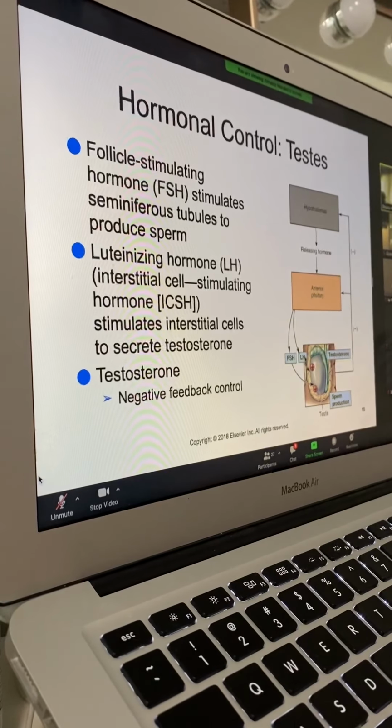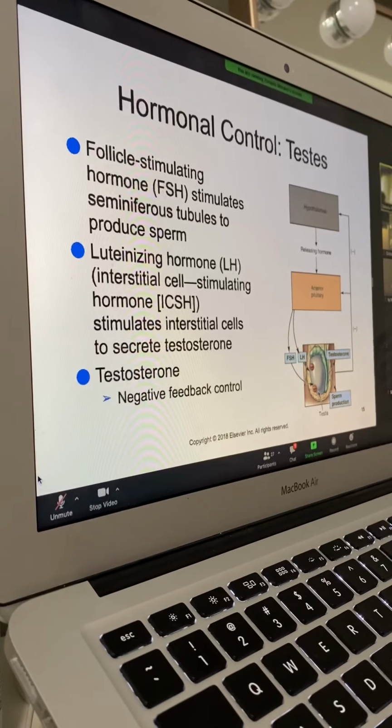The luteinizing hormone is the one responsible for the production of testosterone. And the follicle stimulating hormone will stimulate the production of the sperm.